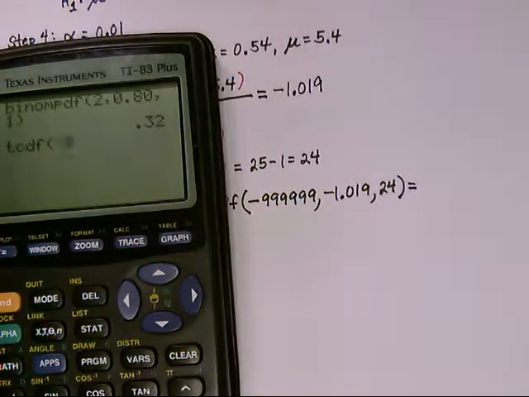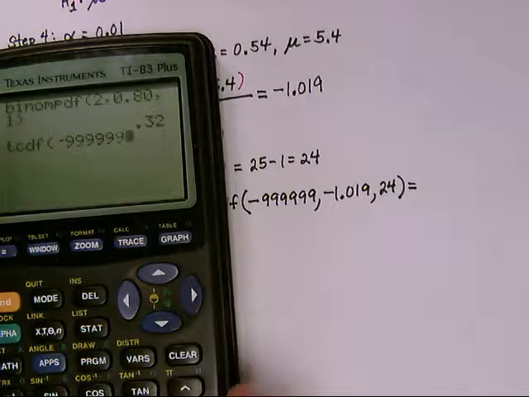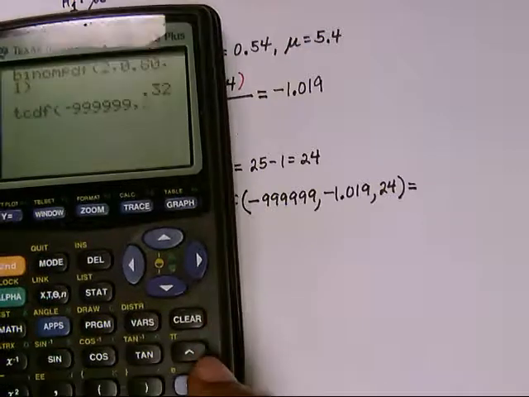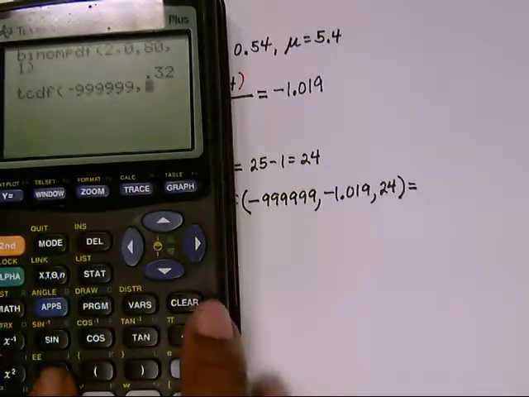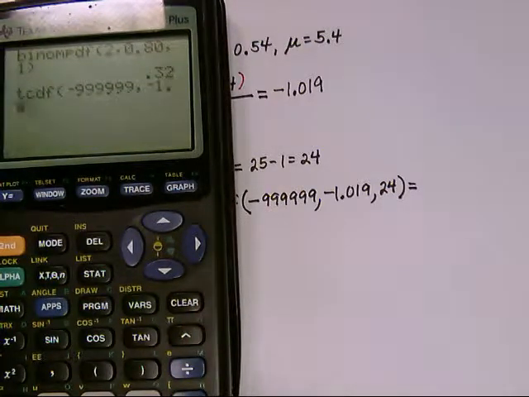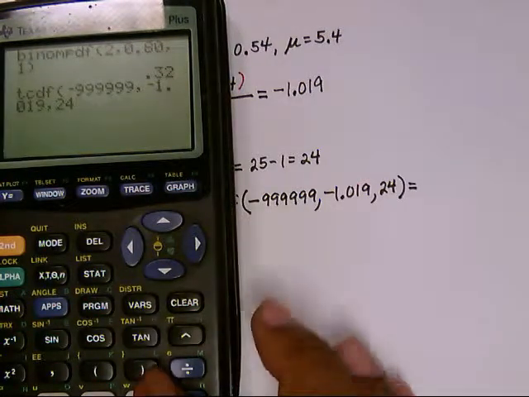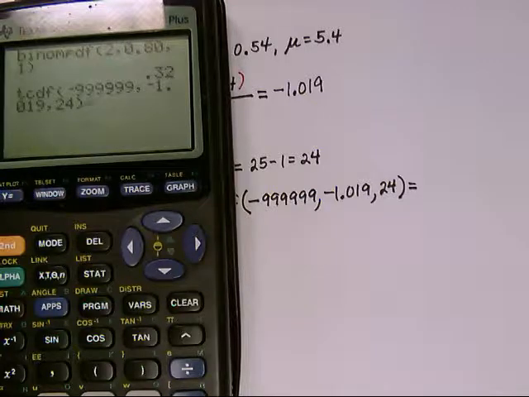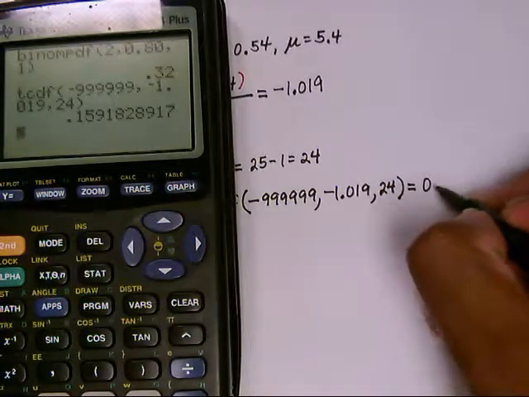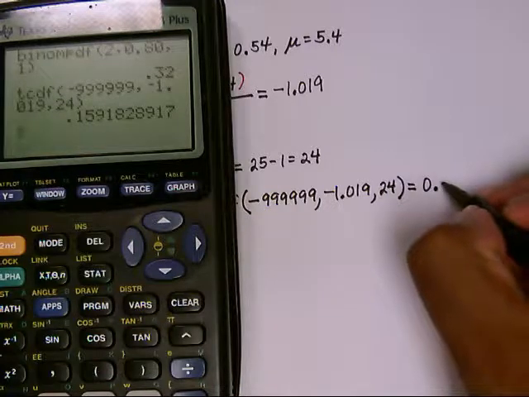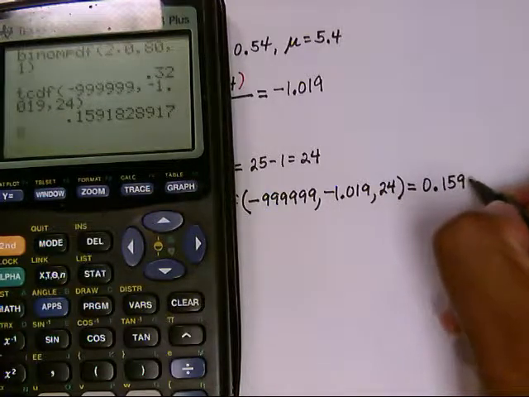A negative key, which is at the very bottom of the calculator, and then 6 nines, and then comma, which is above number 7, negative 1.019, comma, degrees of freedom, 24, close parentheses, and then hit enter. And to 4 decimal places, since we're going to round probabilities to 4 decimal places, that would be 0.1592.